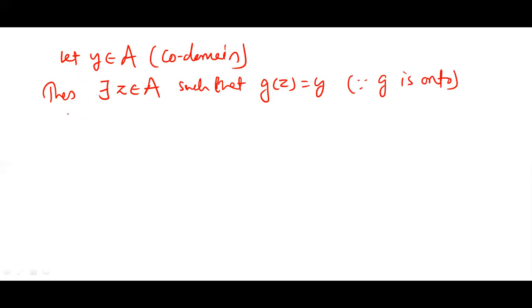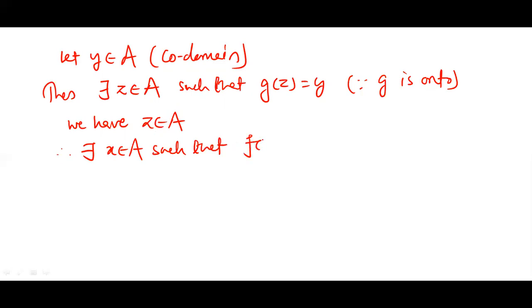Now we have z is an element of A, and since f is a function from A to A and f is also onto, there exists some element x belonging to A such that f of x is equal to z. We got this since f is onto.